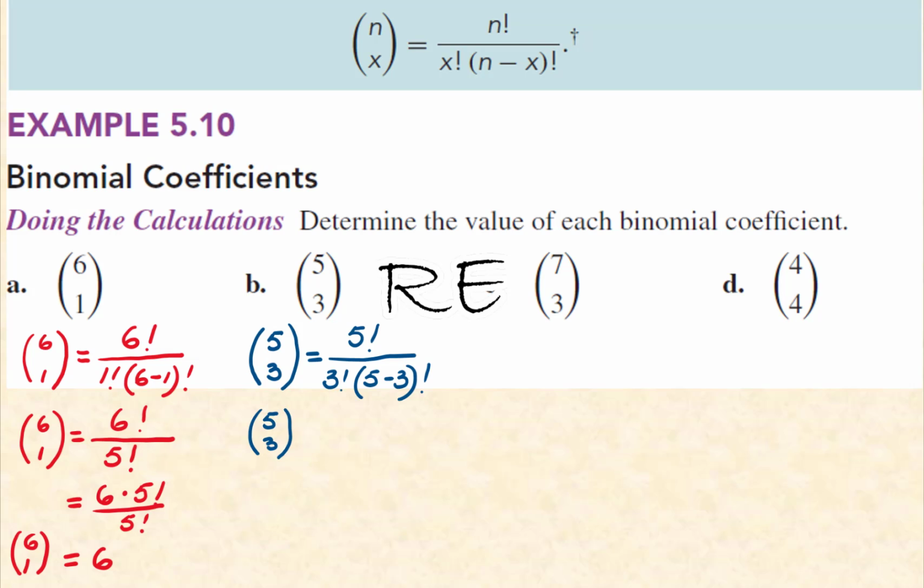That is 5 factorial, 3 factorial, and 5 minus 3, 2 factorial. 5 times 4 times 3 factorial divided by 3 factorial, and 2 factorial is just 2 times 1, so 2. So 5 times 4 divided by 2 will be 10.